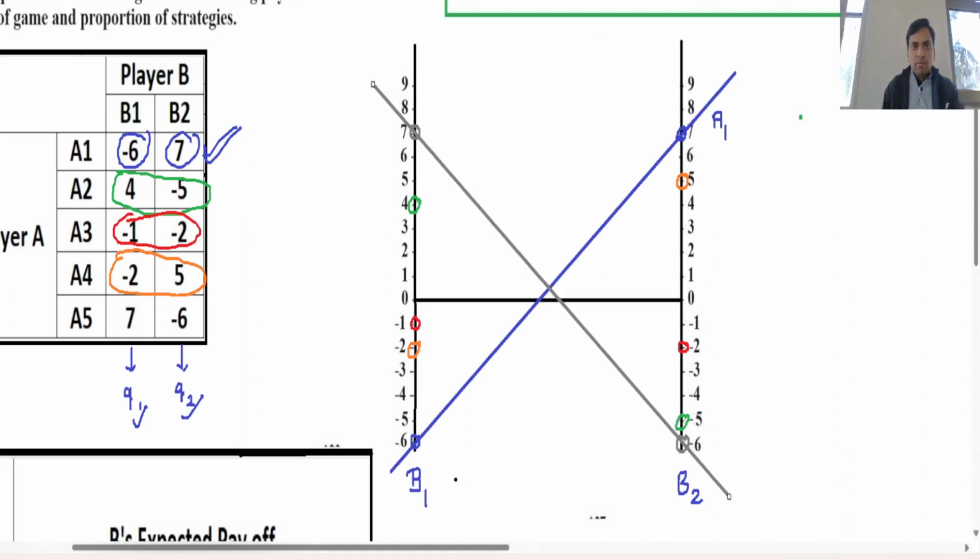So this gray with gray, this is your A5, fifth strategy, and yellow points, this one is 2 and this is 5.